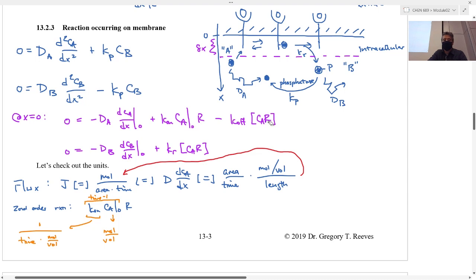So R is only on the membrane. This is a surface density concentration, and so the units of R are in moles per area. So when you have moles per area times an inverse time, then of course you have moles per area time. And that's a flux. So these units match.